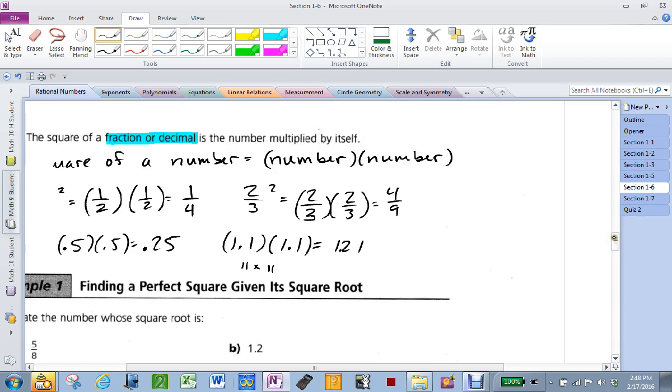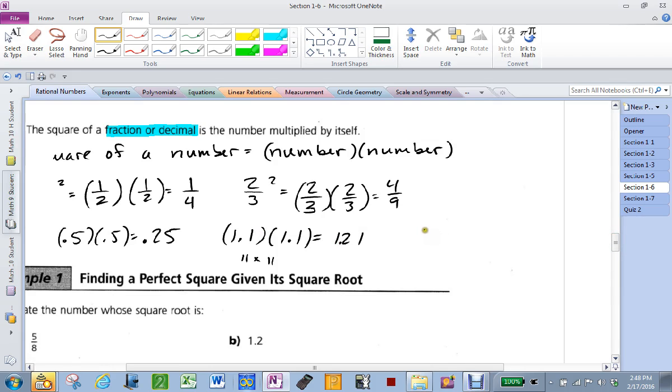Cool? So what if I have 0.02 times 0.02? Well, that's 4, but I need 4 decimal places. So 1, 2, 3, and the 4 makes the 4th.